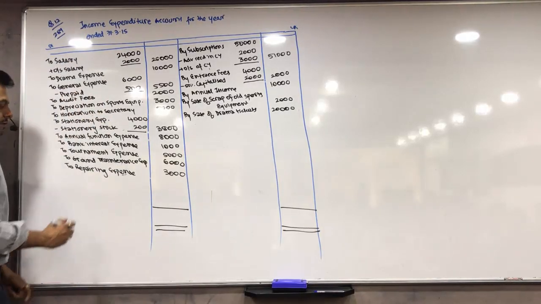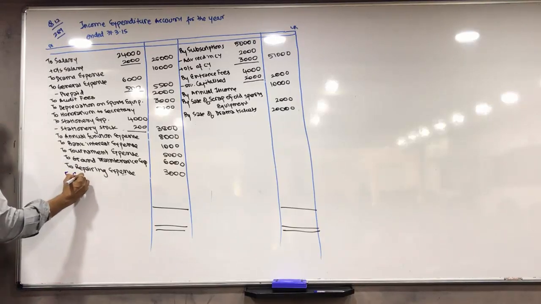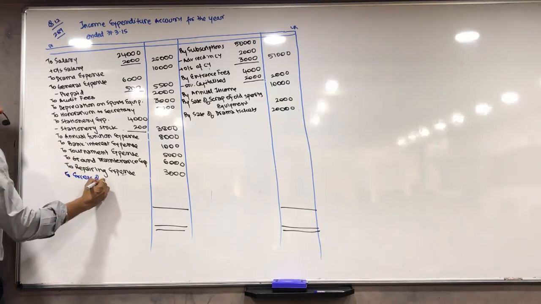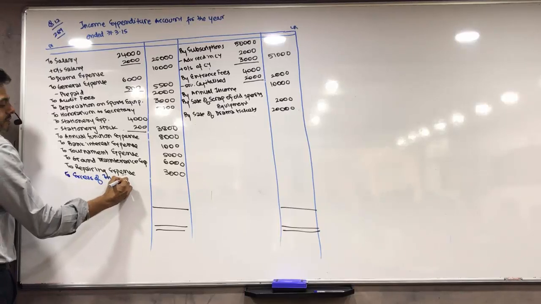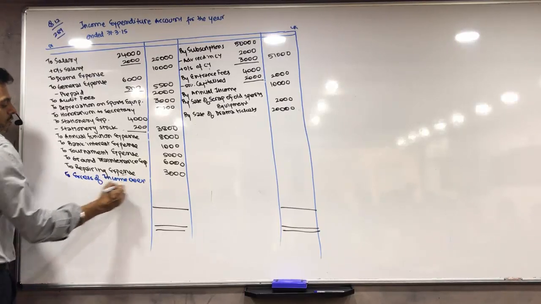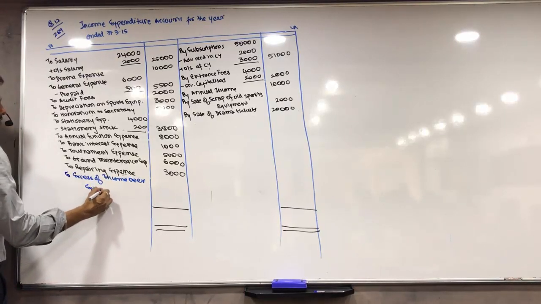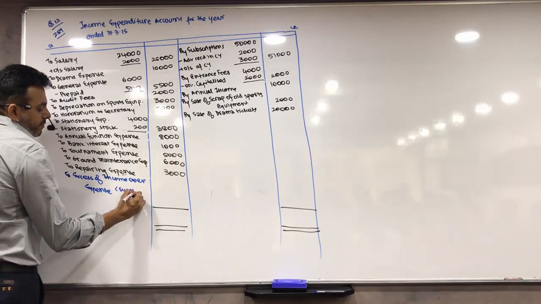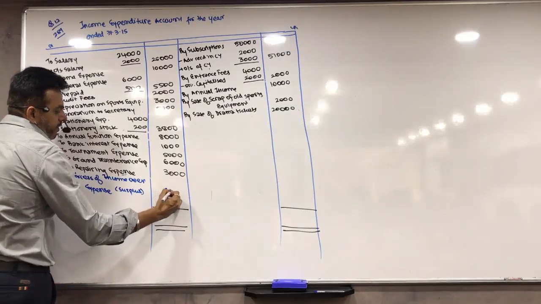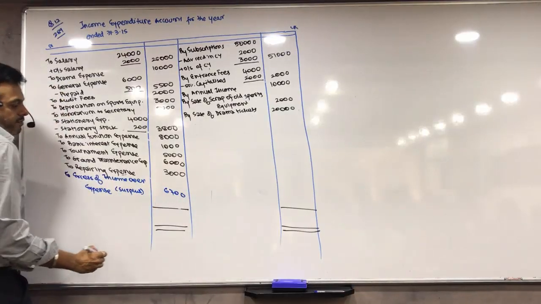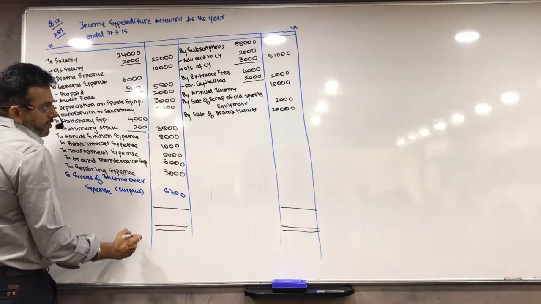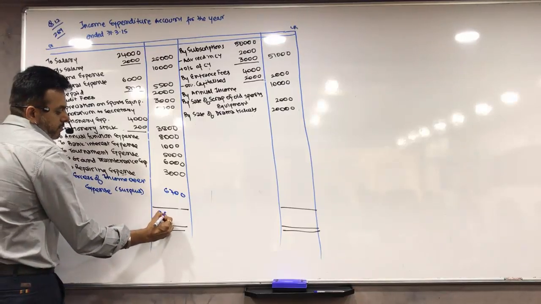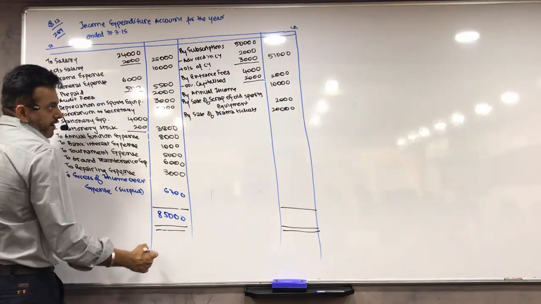Surplus? Yes. Excess of income over expense, surplus 6,700. What's the total? 85.